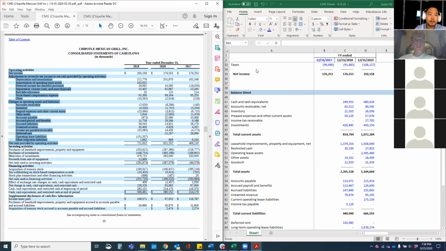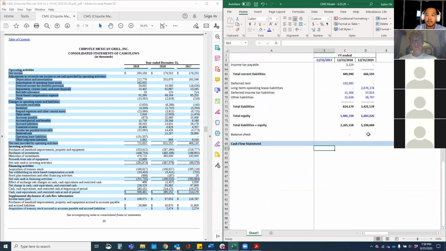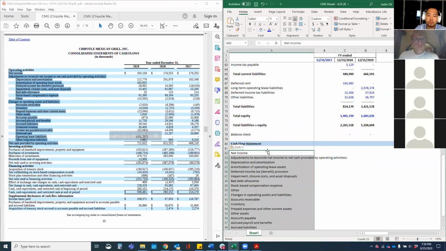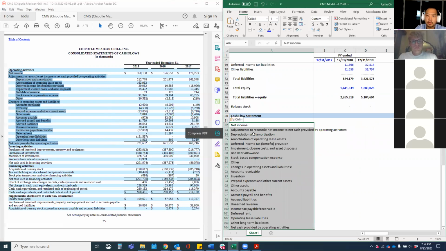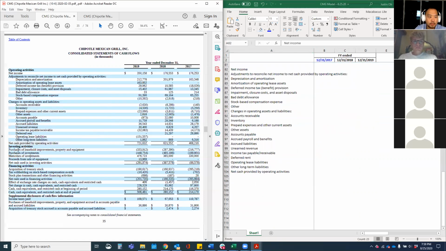But three-statement models are kind of the core to understanding how it all works and how it all fits together. And obviously, if you guys go the private equity route, that's where you see a lot more three-statement models, whereas hedge funds sometimes just skip that step.